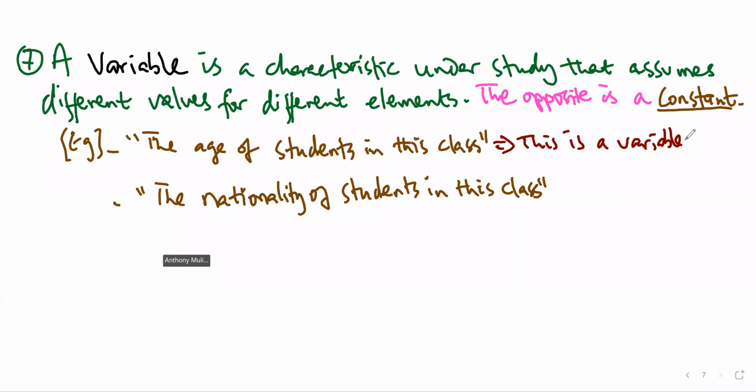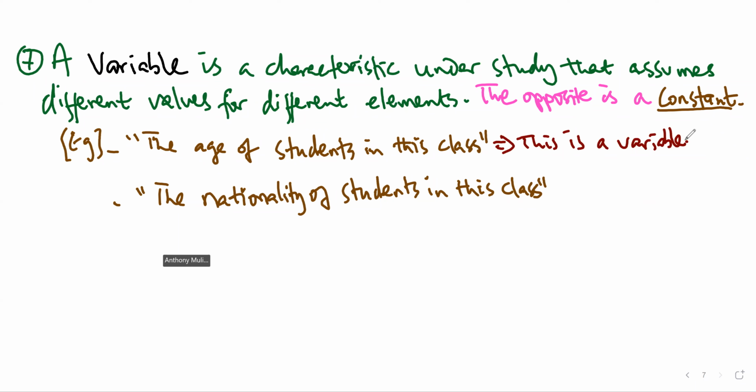But if you look at the second statement here, this is subject to correction. From my little investigation, I know that all the students in this class are of the same nationality.